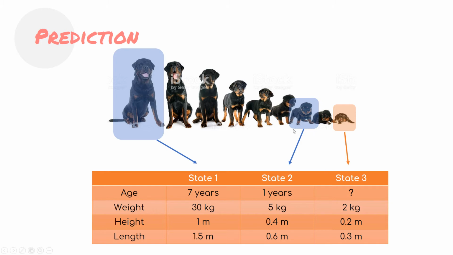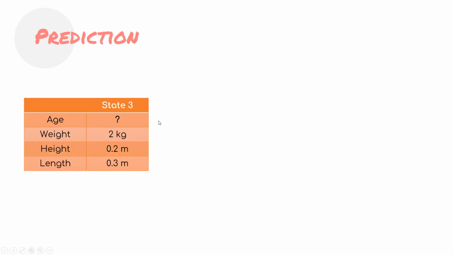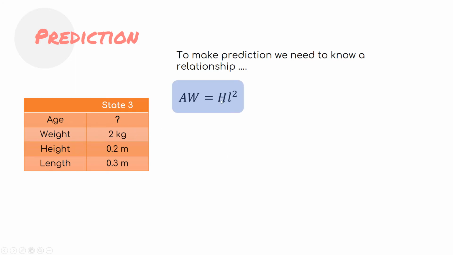To make this kind of prediction, we need to know the relationship between this information or variables. Essentially, you have to know the equation.